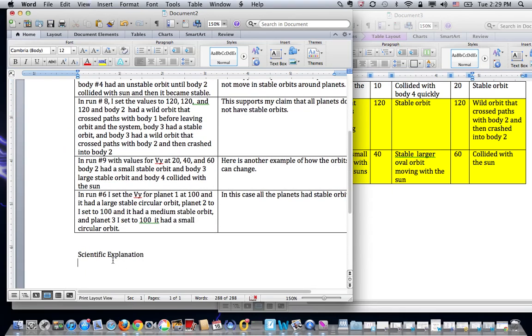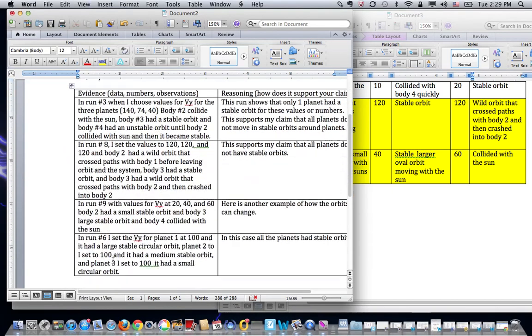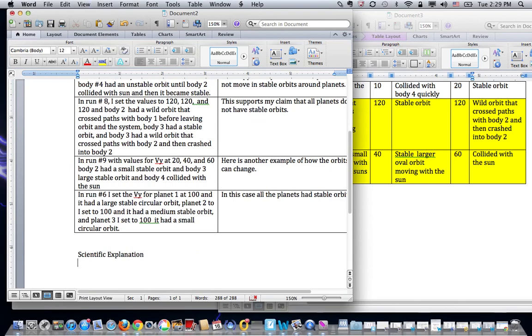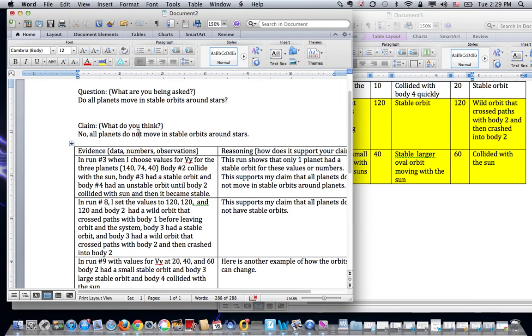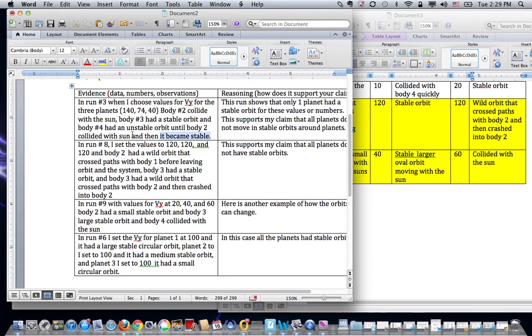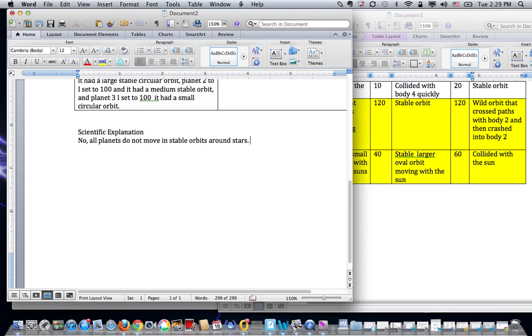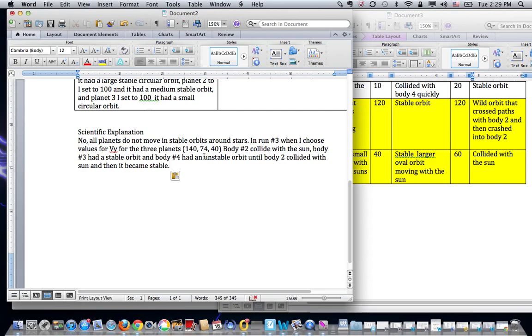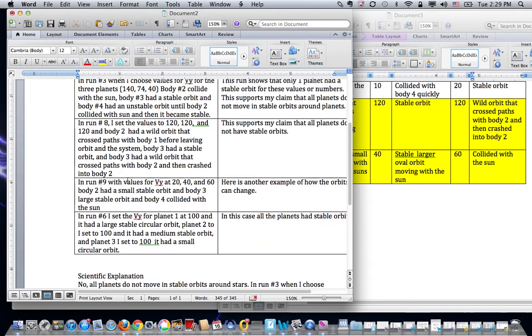Now, I don't want to go into this now, but in order for me to write my scientific explanation, I can use my claim, and then I just start using my evidence.